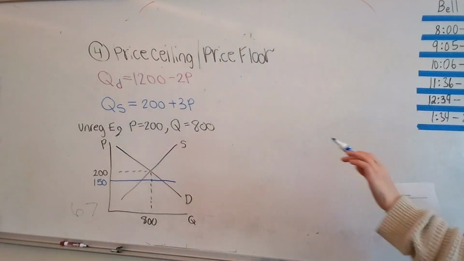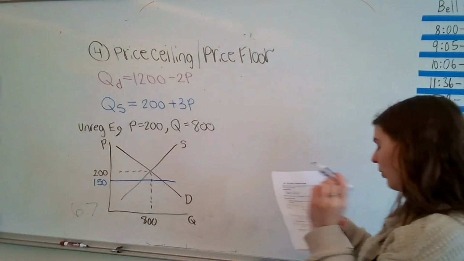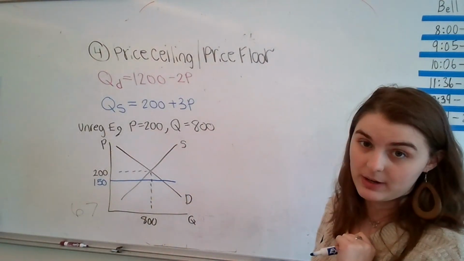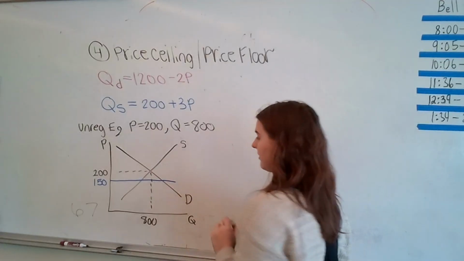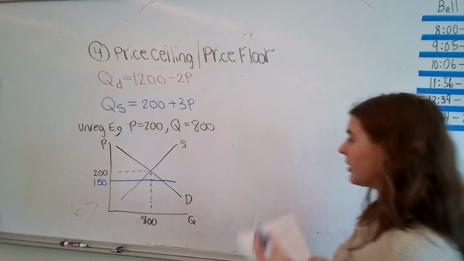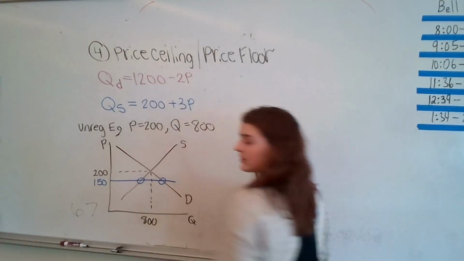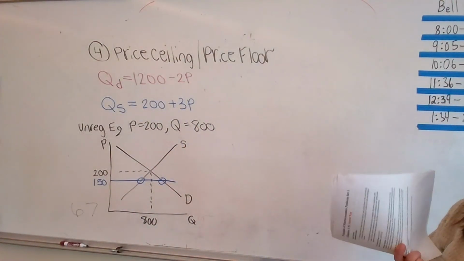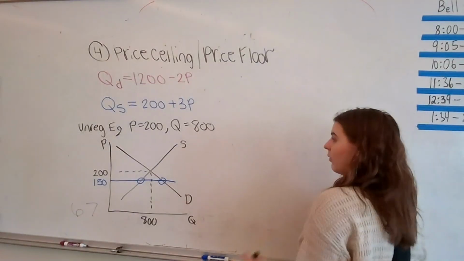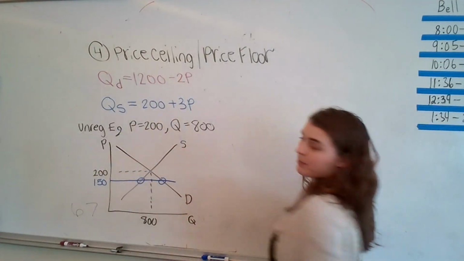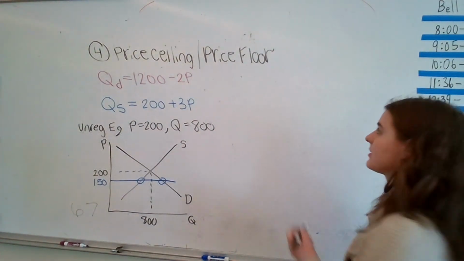We need to determine what our new quantity demanded and what our new quantity supplied would be at this price of 150. So we're going to determine what this point is and what this point is. How do we do that? We are just going to plug this 150 in for the price in both equations.